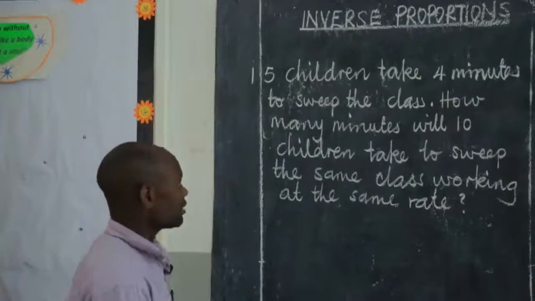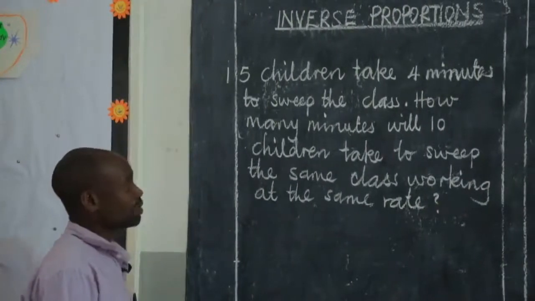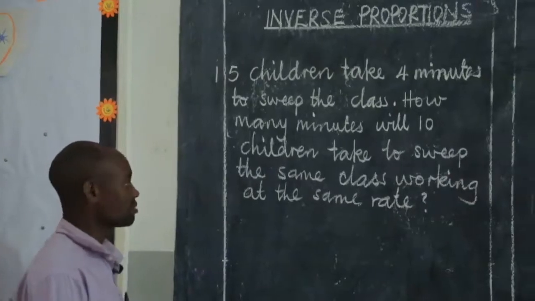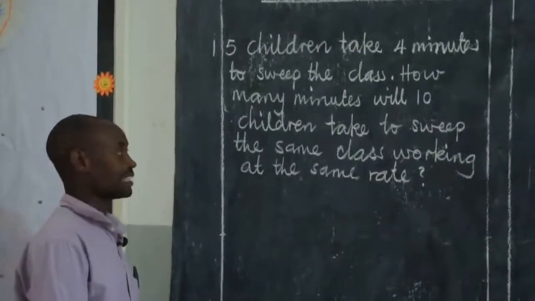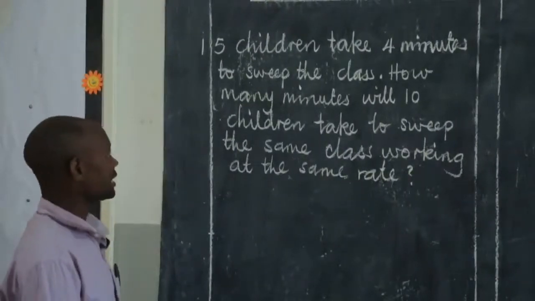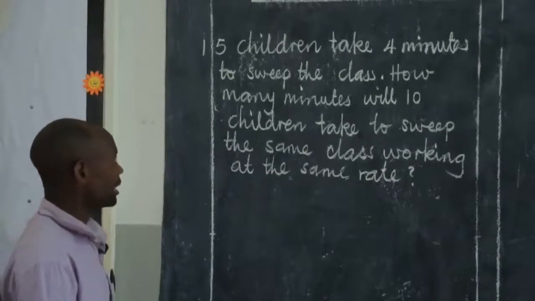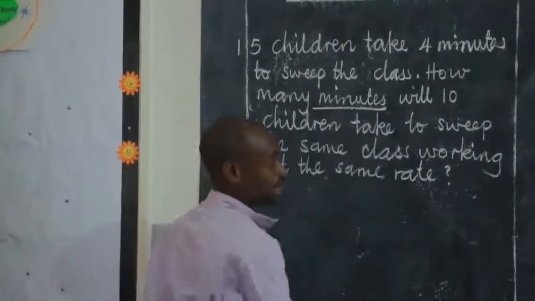5 children take 4 minutes to sweep the class. How many minutes will 10 children take to sweep the same class working at the same rate? I've said 5 children take 4 minutes to sweep the class. How many minutes? So we are looking for minutes.